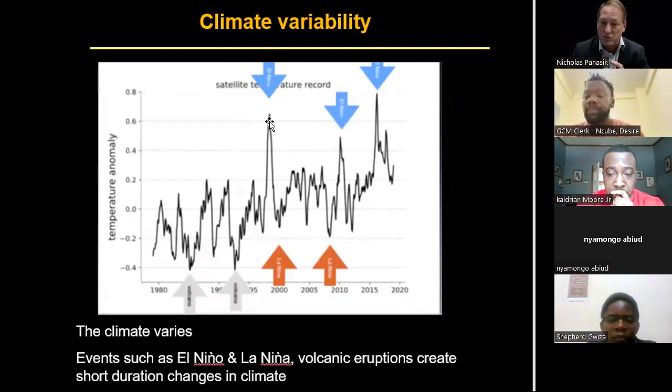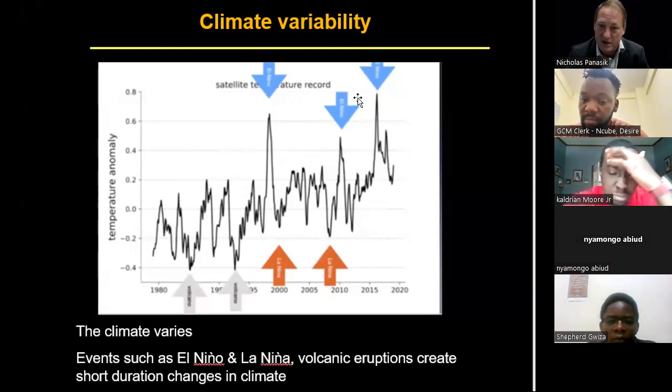We get La Niñas, which tend to make things colder. So you can see the effects of the El Niños, La Niñas over here. Those things, again, are over a short period of time. The effect of this El Niño was fairly short-lived, over a year period. That's about it. Same thing with the La Niñas, although you have several of them.